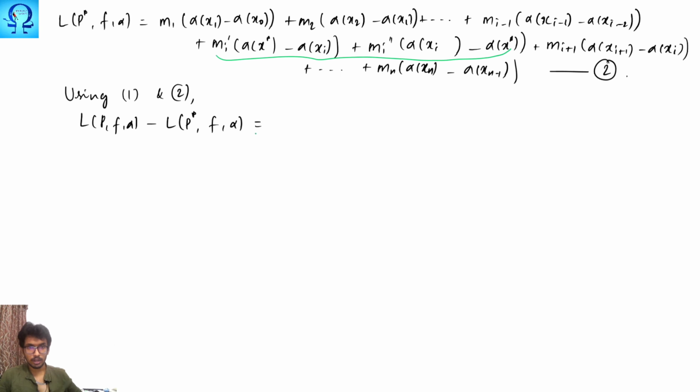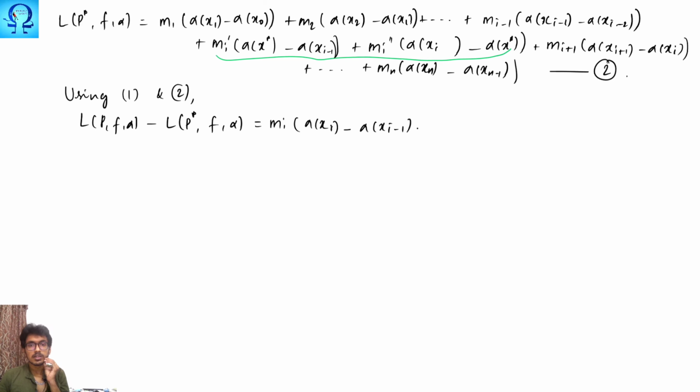So it is going to be simply mi times alpha of xi minus alpha of xi minus 1. Here we'll have xi minus 1, this is where I went wrong.